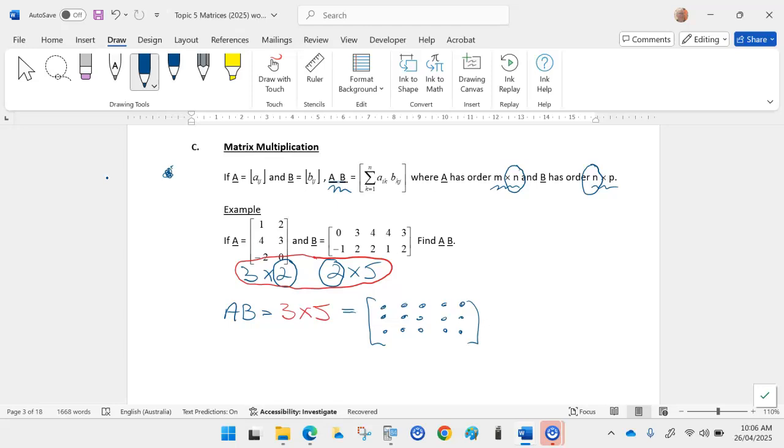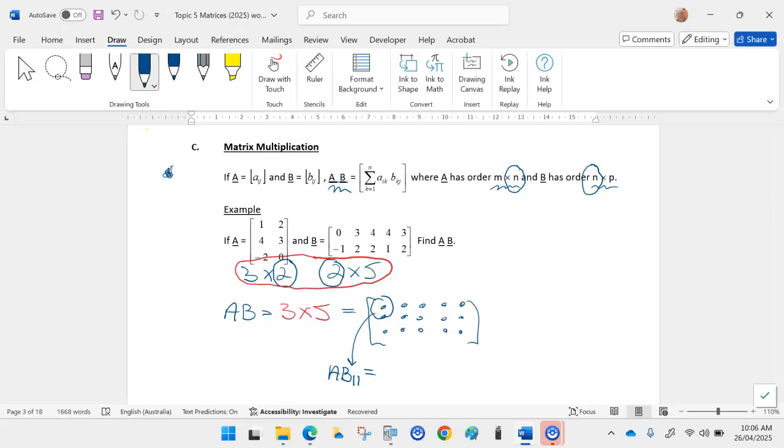If I was to take the position of this first one there, would we all agree that that is first row, first column? So that represents the position 1,1 in the product AB.